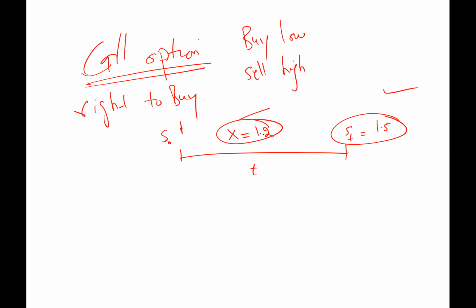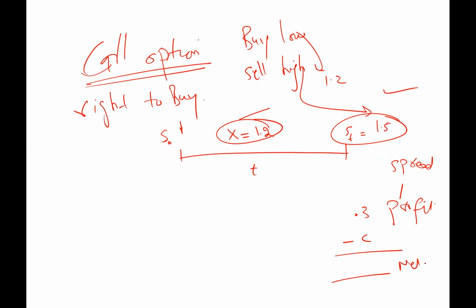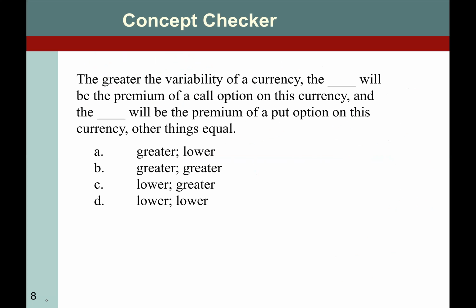You will buy at 1.2 and sell in the market at 1.5. I will have 0.3 profit, or rather, this is not profit, this is the spread, because you also need to subtract the call premium. Then you get the net profit, right? Okay.